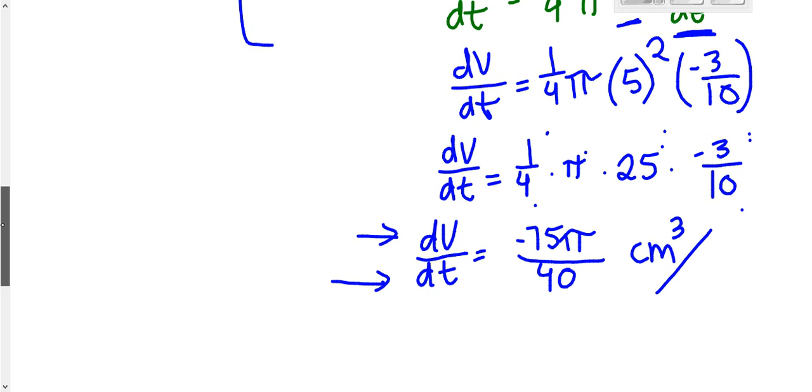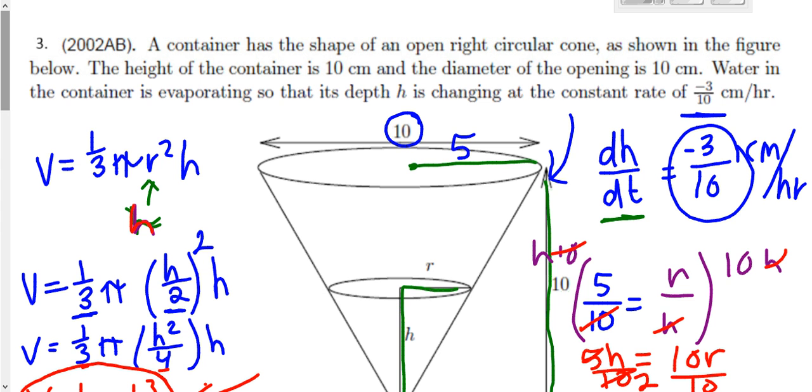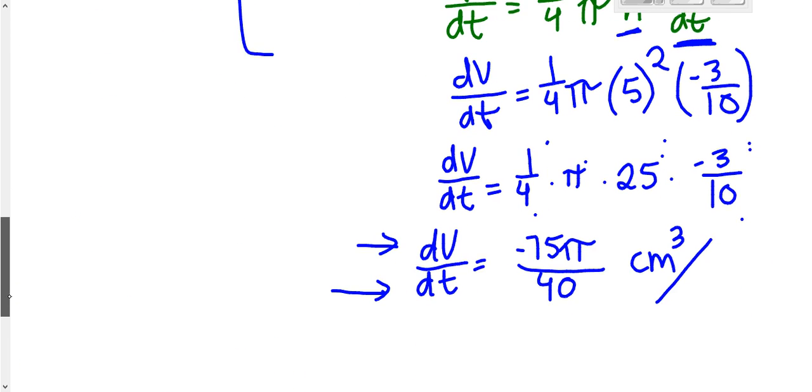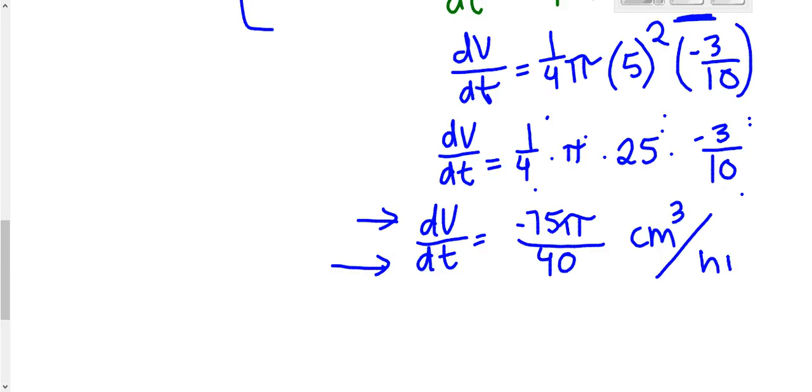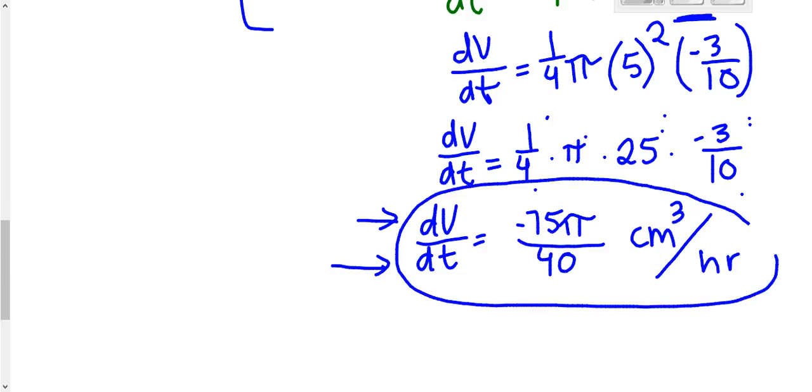So we have to go all the way back up to the top to figure out what time was. Time is hours. So this is centimeters cubed per hour. That's your final answer. If you want to simplify it, you can again. And honestly, for an FRQ, all they're looking for is this. So if you had stopped here and put your units here, that would have been an acceptable, correct answer for the FRQ.